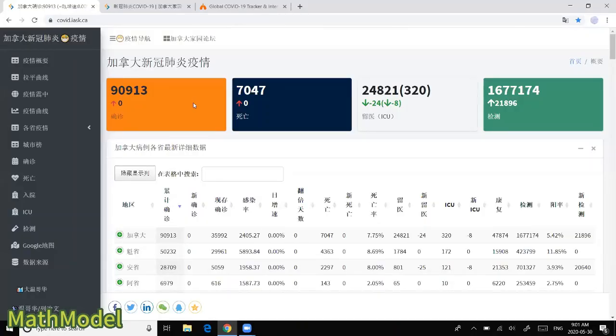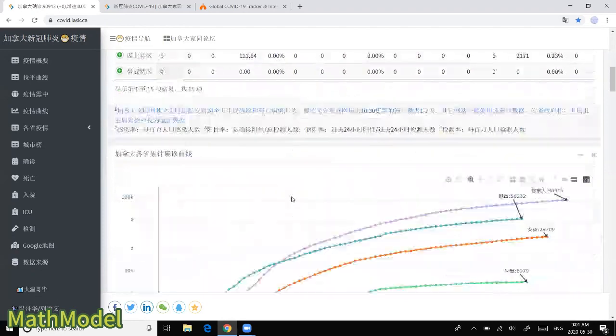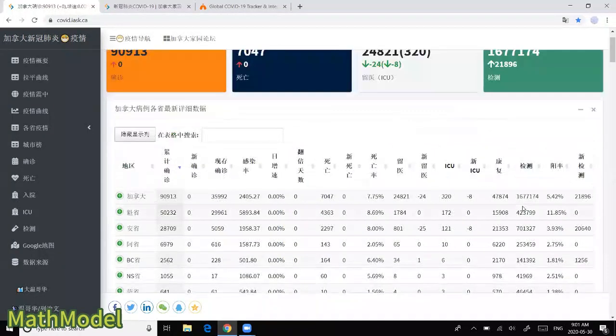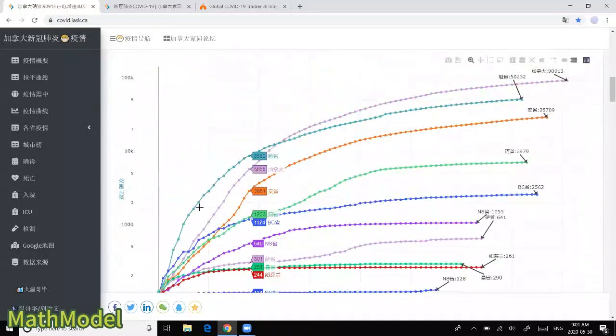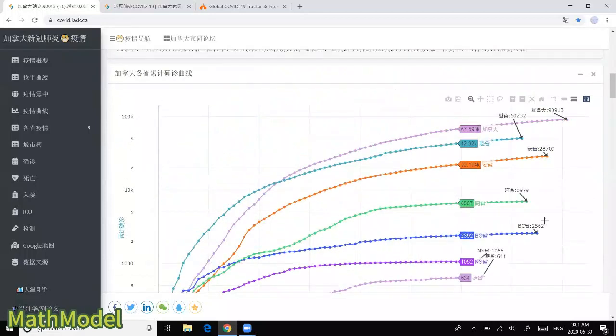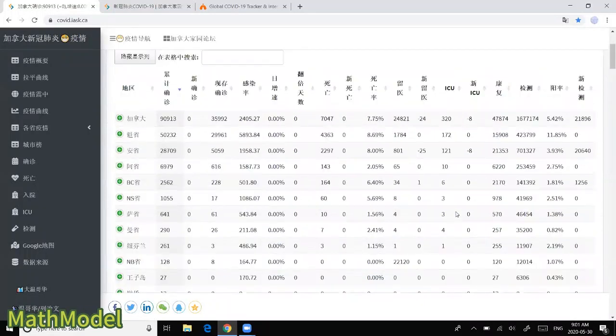On this website, I know it's a Chinese website, but it is pretty accurate, and there's a lot of data on it. You can see the progression of the virus. First off, this is just the data from Canada, and we can see the progression of the virus via this chart, and we also see the current amount.